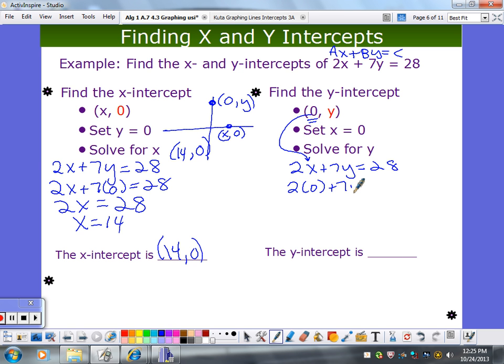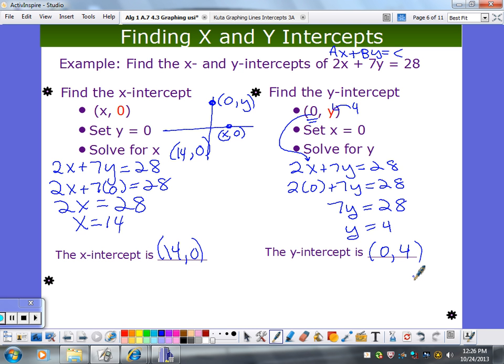So I'm going to plug that in. What's 2 times 0? 0. 0 plus 7y, so that just goes away. And now what's y? 4. So now I figured out what the y is. It's 4. So what's the coordinate of the y-intercept? 0, 4. Who followed? Who has a question?